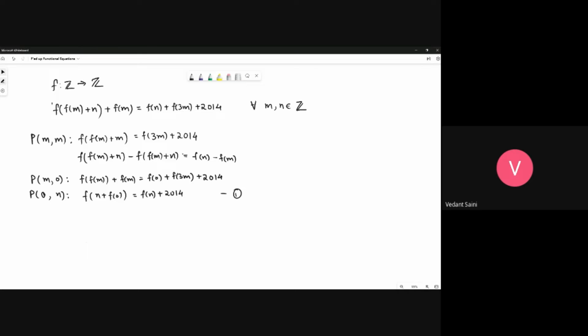Now what can we do? Do these two look similar?